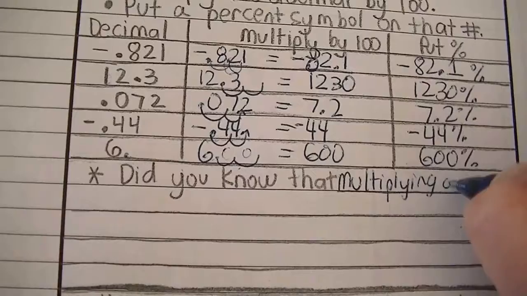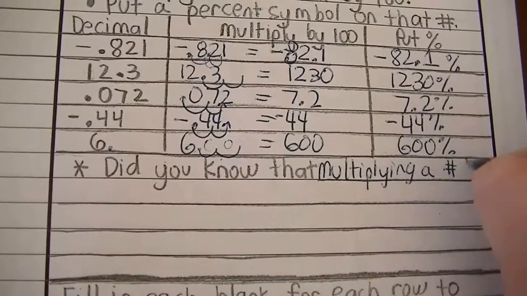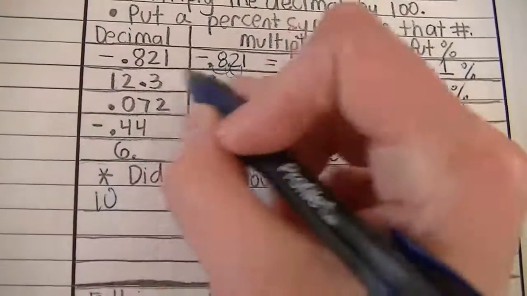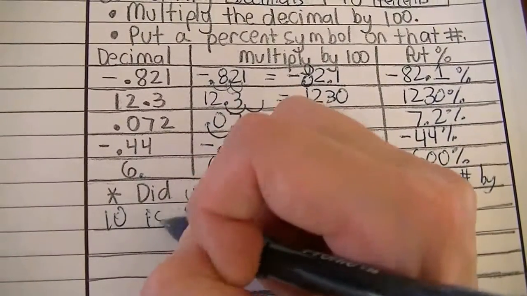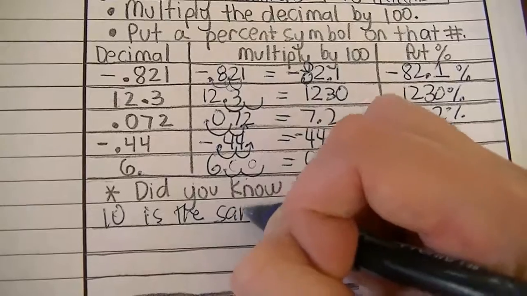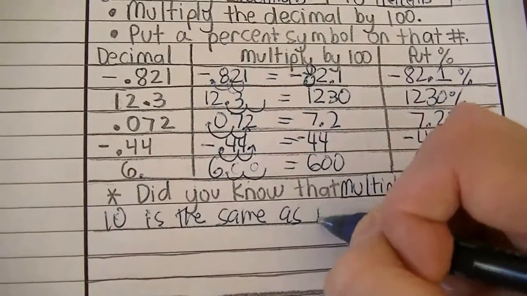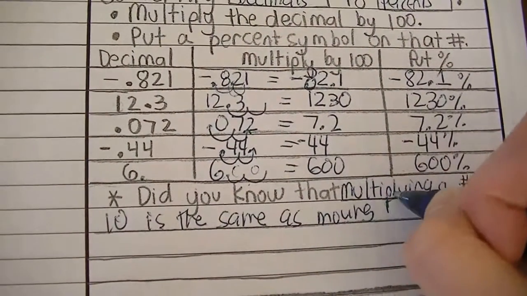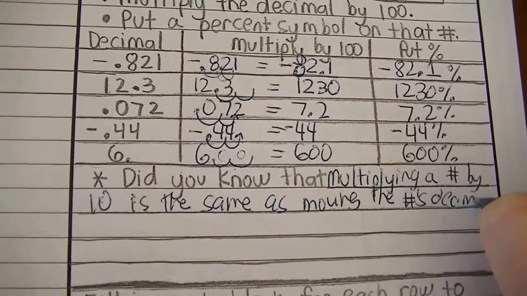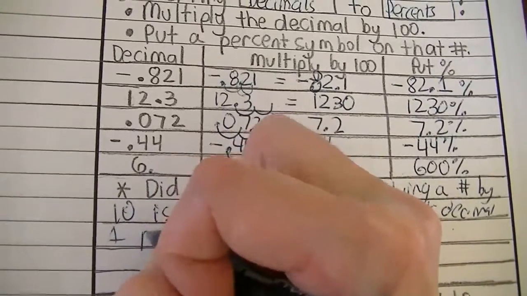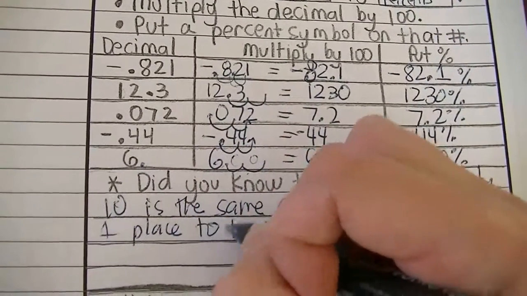So multiplying any number by 10 is the same as moving the number's decimal one place to the right.